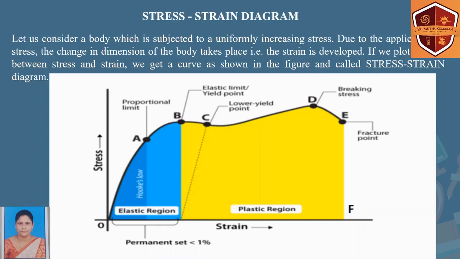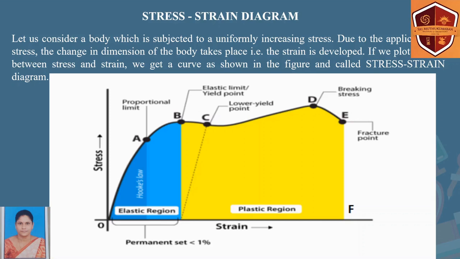Here is the stress strain diagram. Let us consider a body which is subjected to uniformly increasing stress. Due to the application of the stress, changes in dimension of the body take place. If we plot a graph between stress and strain, we get a curve like this. Here we have some points in this graph.